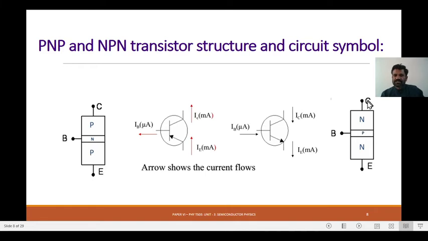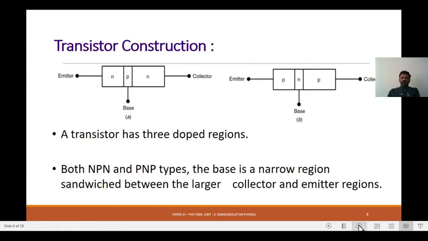This is the collector, base and emitter. This is a physical representation of a transistor, and the circuit representation is this one. Now, this is something about the construction of a transistor. As I said, the transistor has been constructed of three doped regions. I did not mention how the doping will take place in the case of an emitter, base, and also a collector.